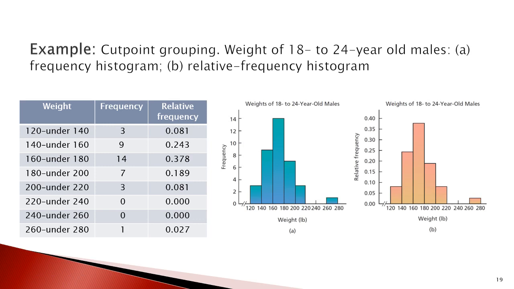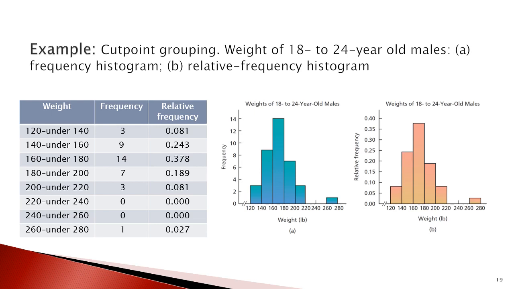Now look at the frequency histogram, which has the blue bars. Here note that the horizontal axis starts from 120 because it's not possible to make it from 0, as the group is going to start from 120.